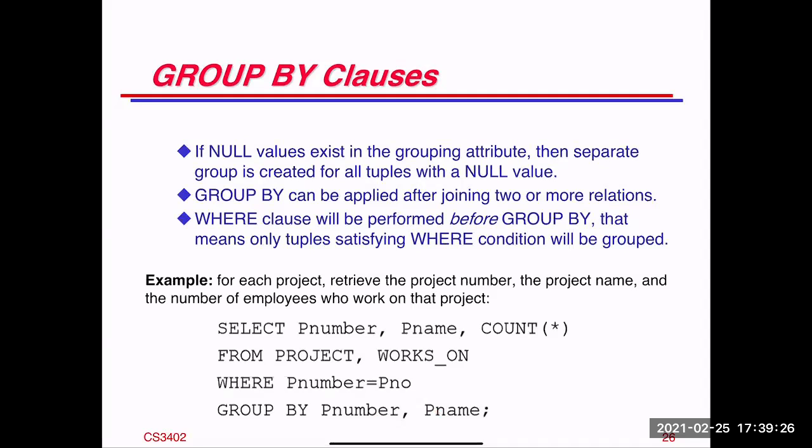And I will form as many groups as needed, such that each tuple is in one of them. And then I'm just returning for each group the project number and project name, right? Because all the tuples in that group have the same project number and project name, and the number of tuples in that group.